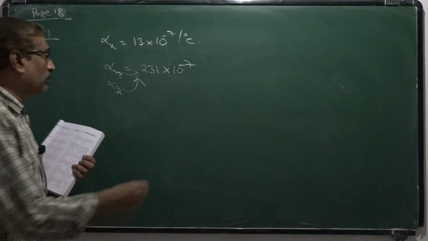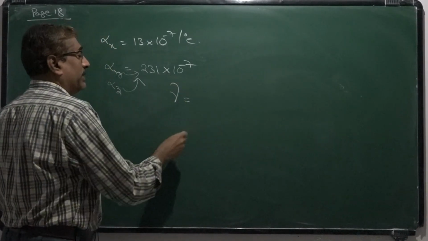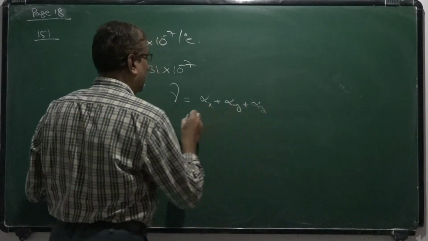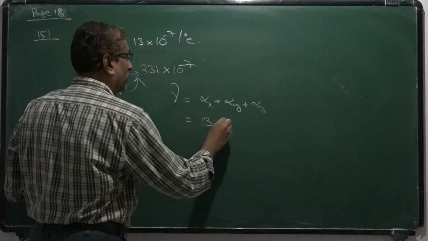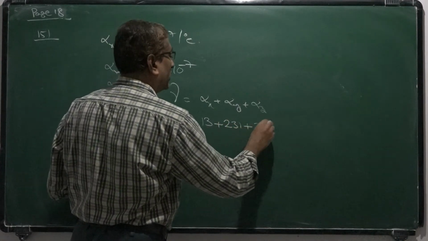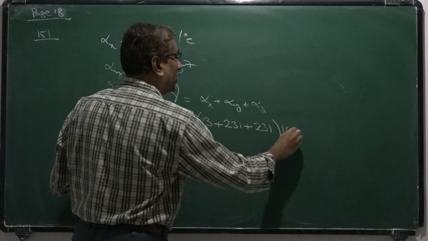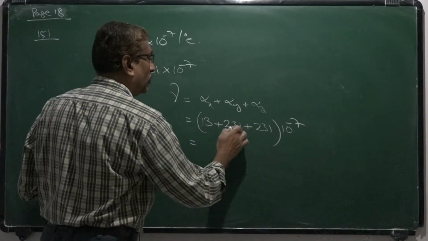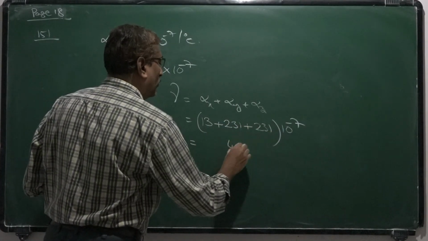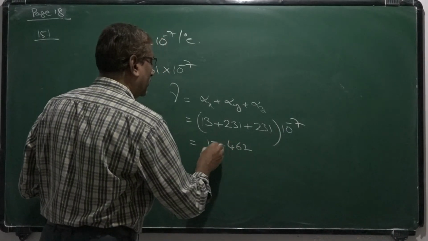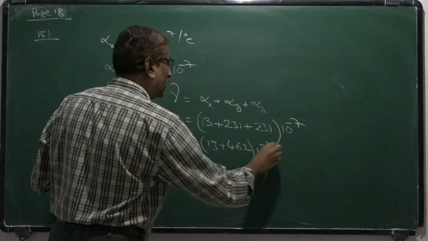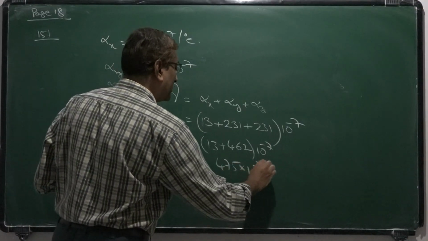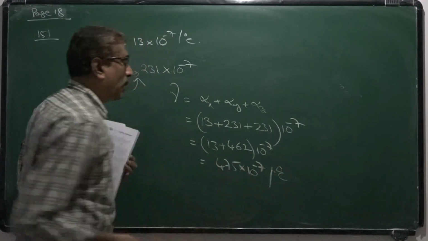Then calculate the cubical expansion. Cubical expansion equal to alpha x plus alpha y plus alpha z, that is (13 plus 231 plus 231) into 10 to the power minus 7. That is 462 plus 13, that is 475 into 10 to the power minus 7 per degree centigrade.